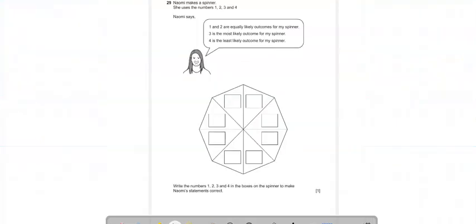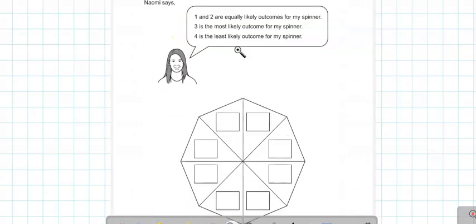Next, Naomi makes a spinner. She uses the numbers from 1 to 4. Naomi says 1 and 2 are equally likely outcomes. 3 is the most likely and 4 is the least. Here I have 4 and 4, which is 8. So 4 is the least.